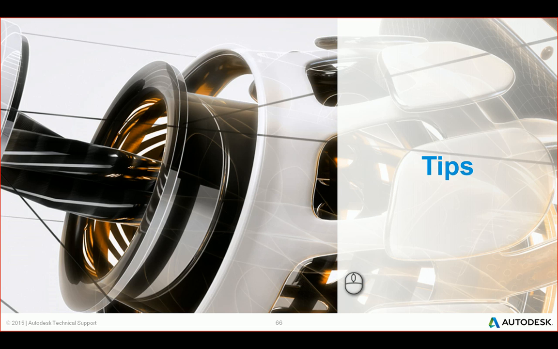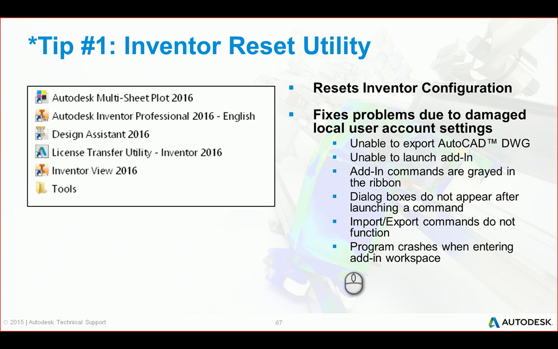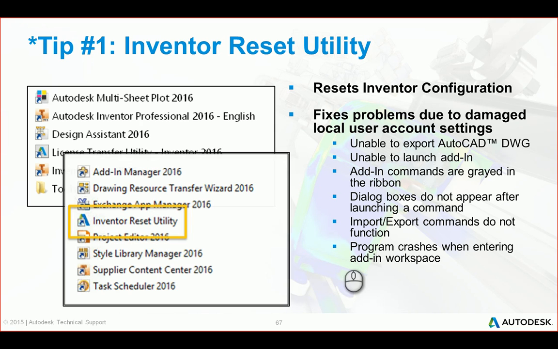Alright, some tips. We have the Inventor Reset utility. This was available online, and with 2016 it is now available in the install. This resets the Inventor portion of the user's profile to factory defaults.